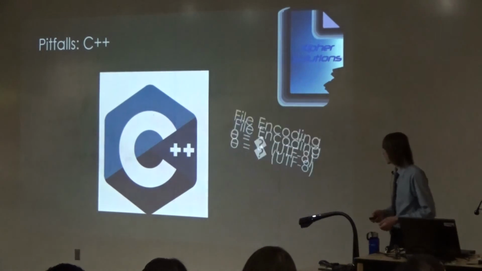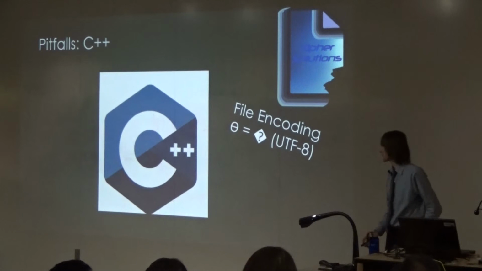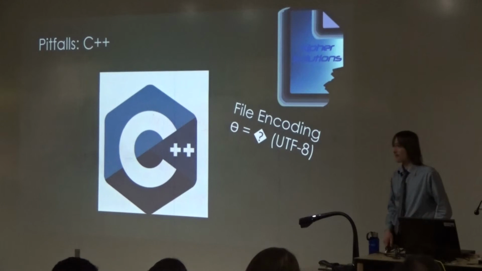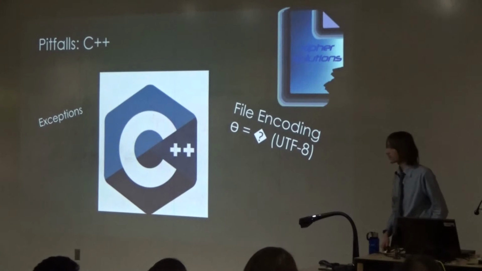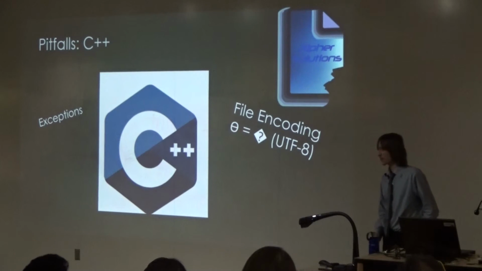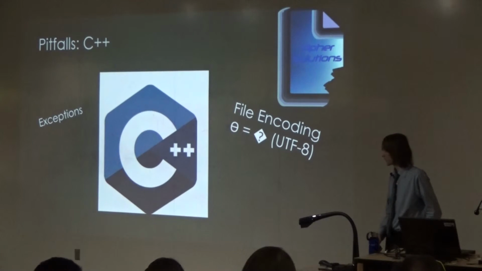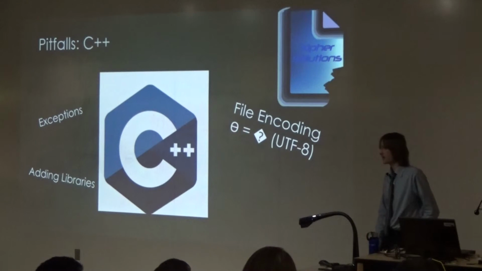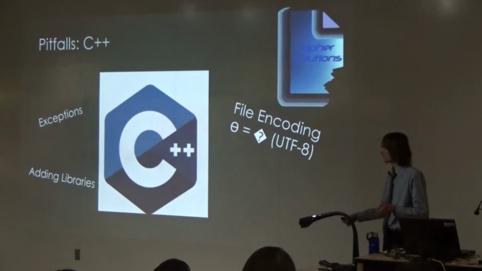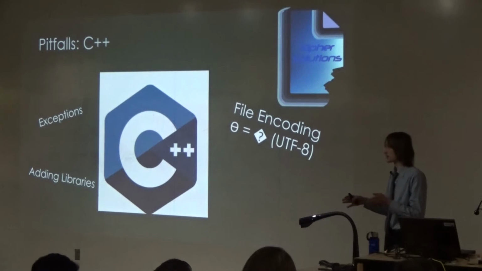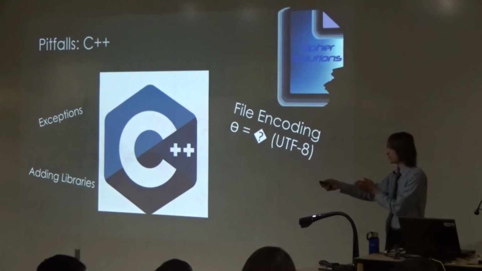Let's talk about why I left C++. Obviously, that file encoding error, where a fancy symbol will turn into a question mark. There were exceptions where they were very vague, and I wasn't really understanding what they were referencing because they weren't explicitly saying the line of the error. And then there's adding libraries, because you have to physically compile C++ code in order to add to your application.